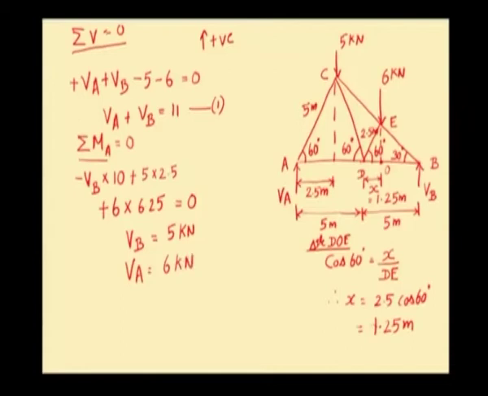Now, this is the first step in the analysis of the truss, that is, we have to find out the support reaction components. Now, let us consider the equilibrium of joints separately. We know that the joint to be considered should not have more than 2 unknown member forces.